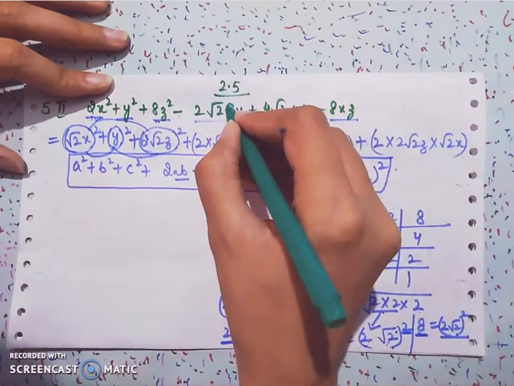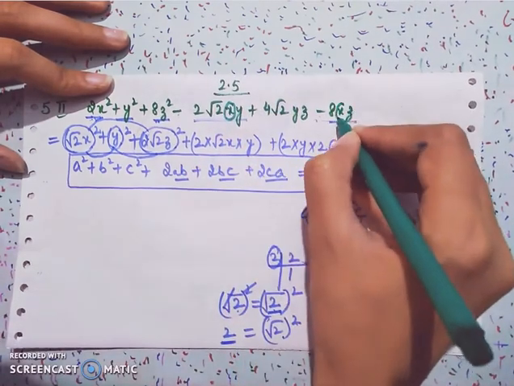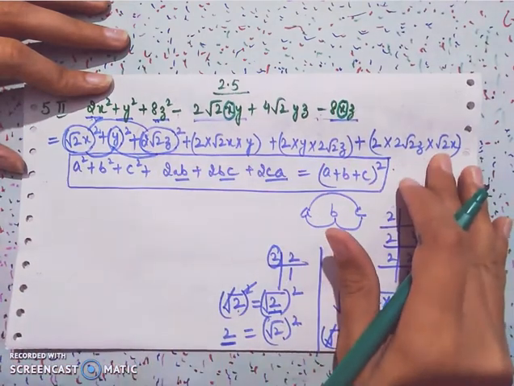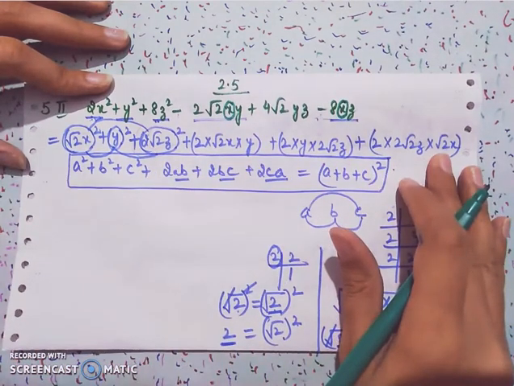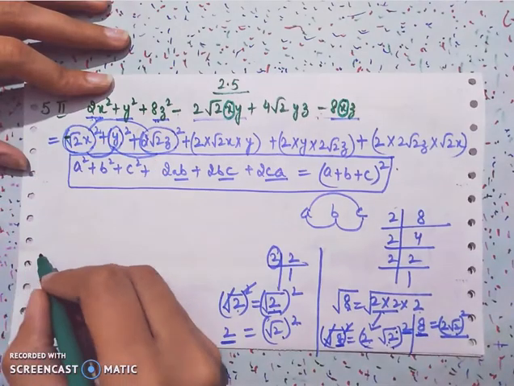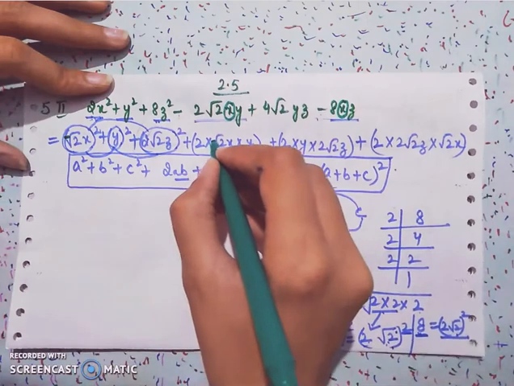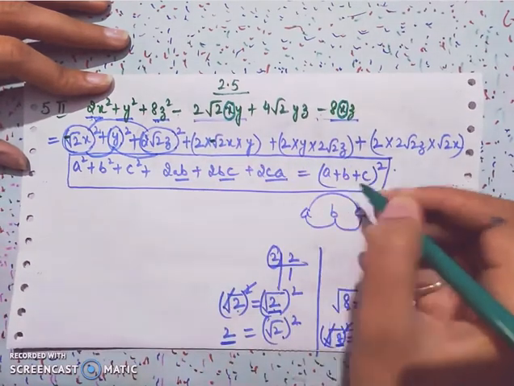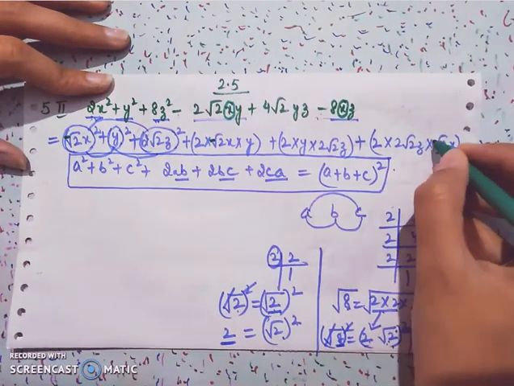Clearly x is the common variable. So in this expression, wherever I find x, there I will put the sign of minus. This is root 2x, so here I will write minus in the bracket. Similarly, here also minus. And here is no x, so no need to put the sign of minus. Here is also minus, so I will write minus here.